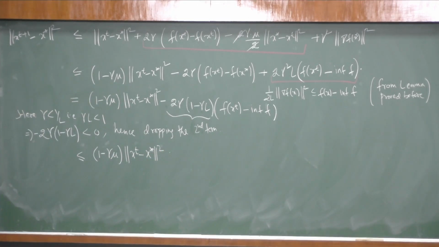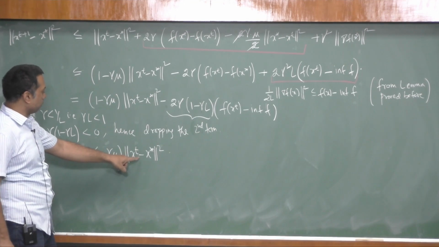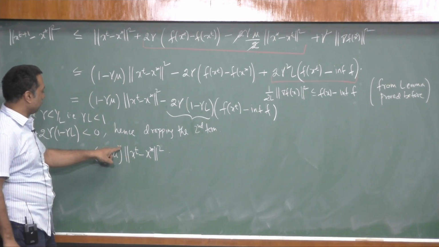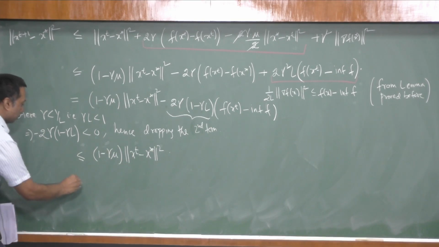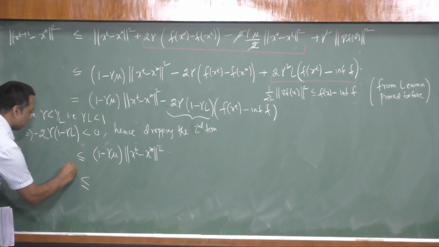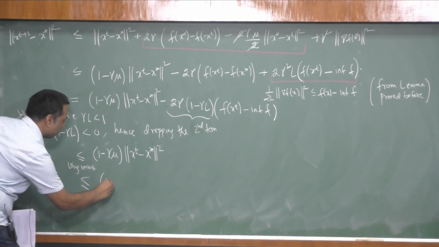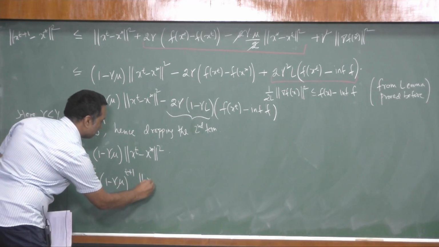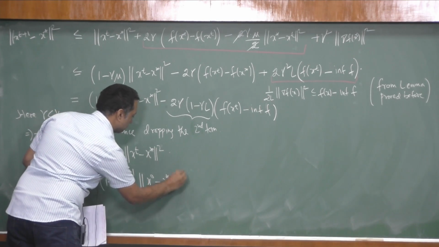So as you can recall, this is what essentially we wanted to do. If we now apply this recursively, then we will get to x naught, and each time one factor will pop up here, and if we go until 0, then t plus 1 of these will pop up. So using recursion, I have 1 minus gamma mu to the power t plus 1 times norm of x0 minus x star squared.